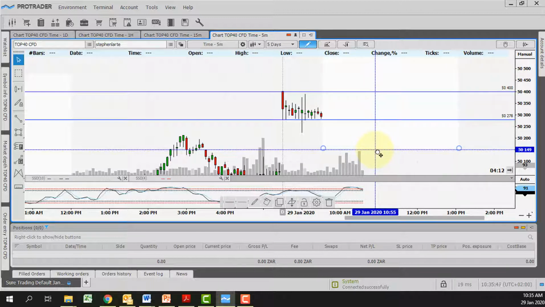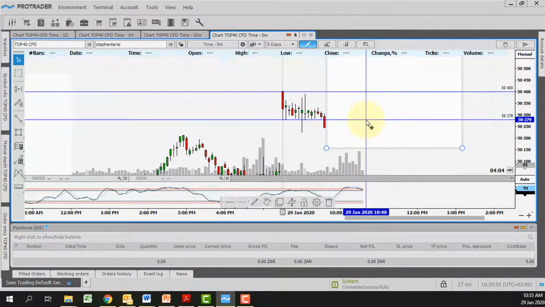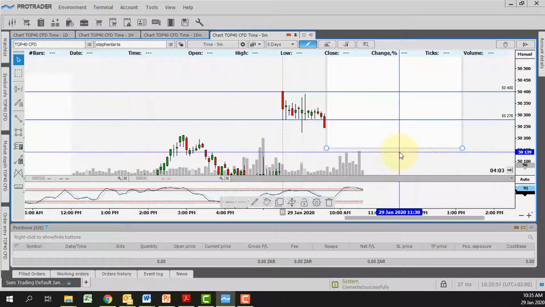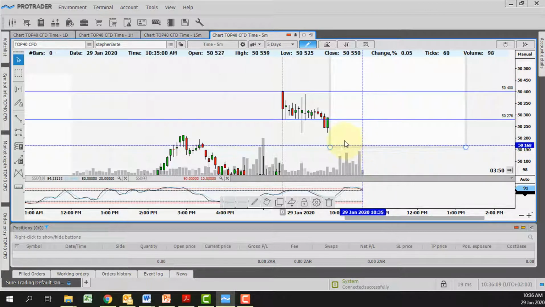continues. Okay, now in this candle, you can see that it broke out of the range and closed below the range. So we would wait till the next candle opens, which would be over there.